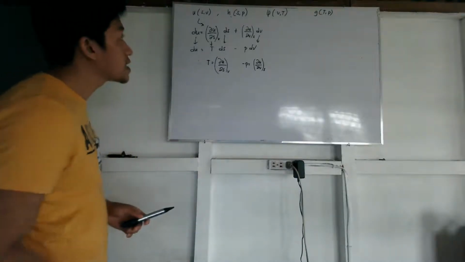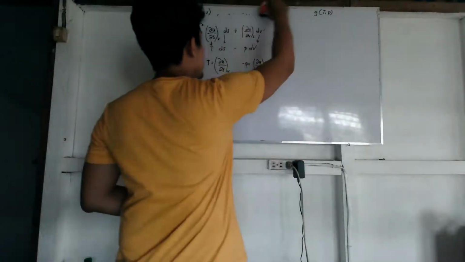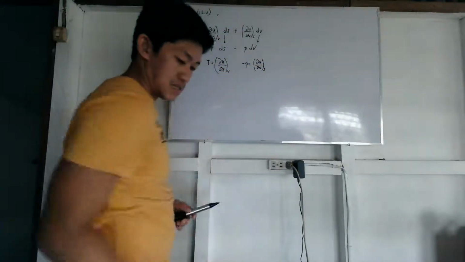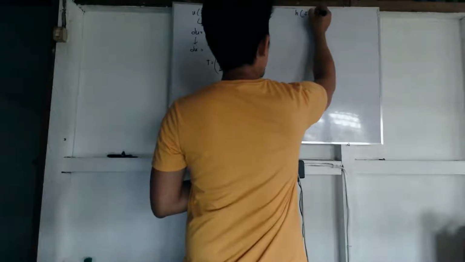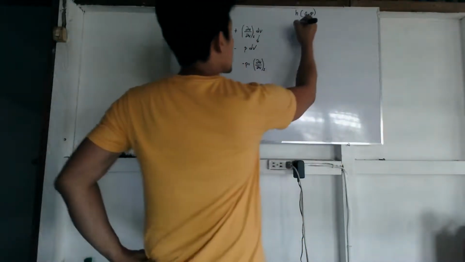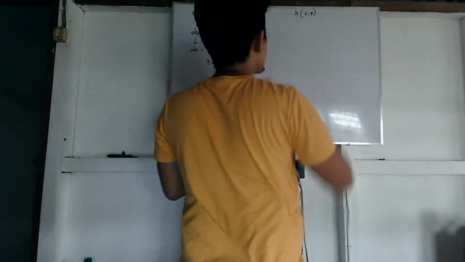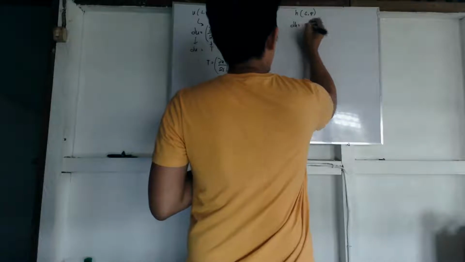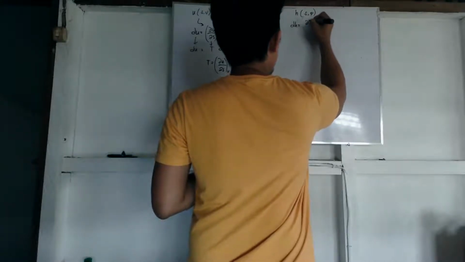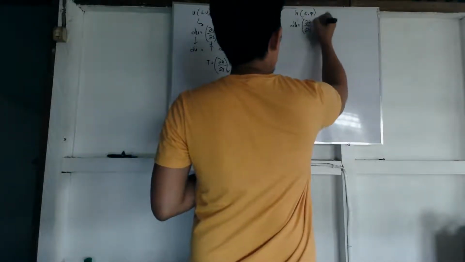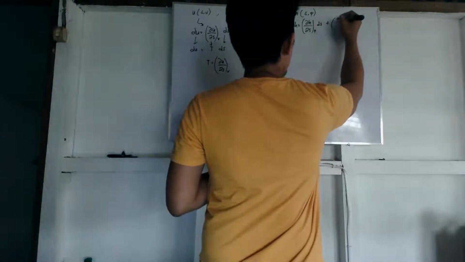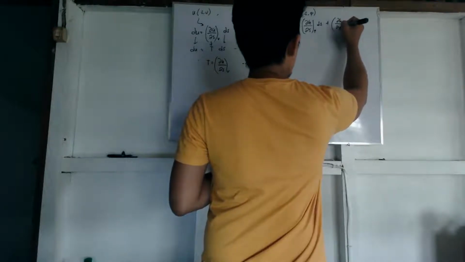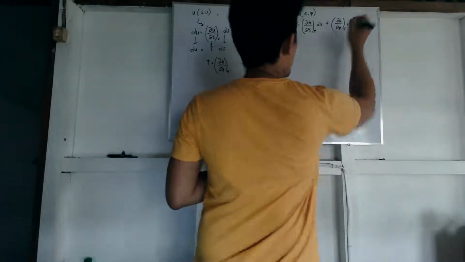And then, for this one, the enthalpy is a function of S, entropy, and pressure. So, get the exact differential. dH is the partial of H with respect to S plus partial of H with respect to P. Okay.